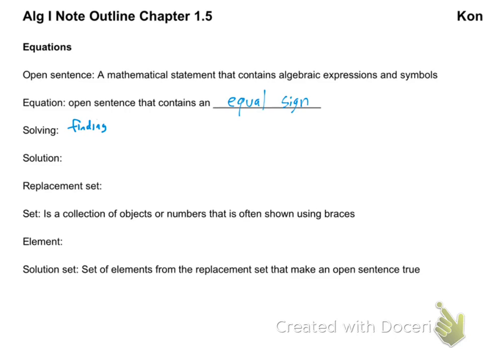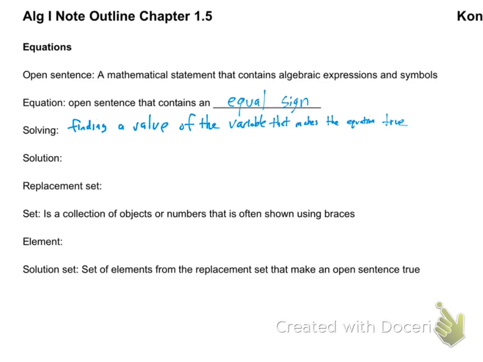Finding a value of the variable that makes the equation, I'm going to say equation, not true.